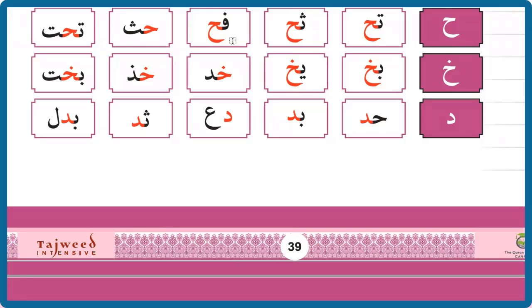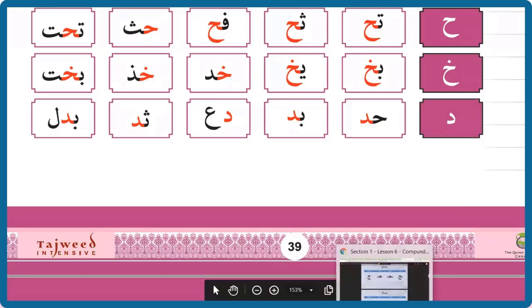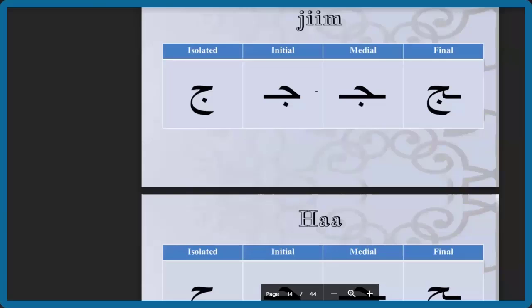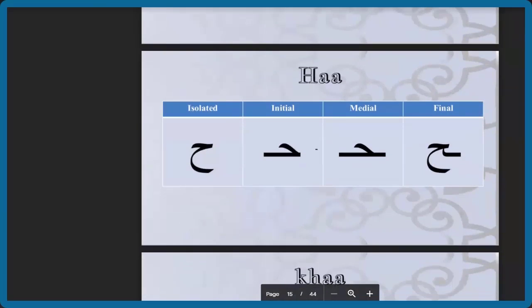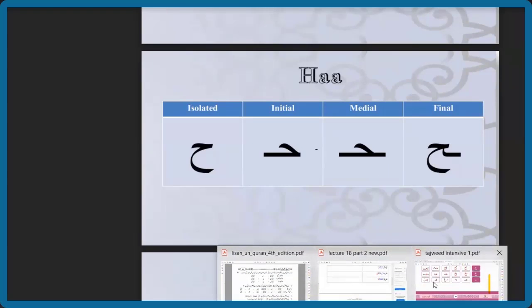Next one. Ra. Ha, again. And now this is the first initial form of ha, right? We can see, ha. And then the last one is... Yes, yeah, so this is the initial form, okay? Yes, the next letter.